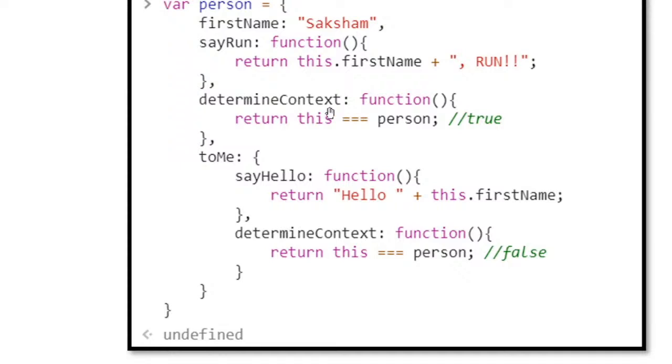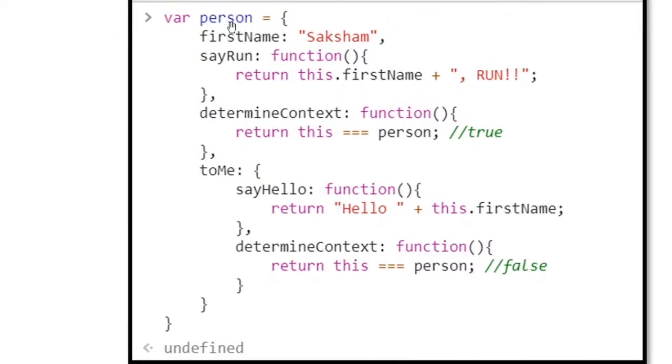In this case, I'm about to declare a separate object inside this object. Inside the person, I'm declaring toMe, an object, and in that I'm going to define two separate methods similar to those, and I'm going to check what context is there when I use the this keyword.